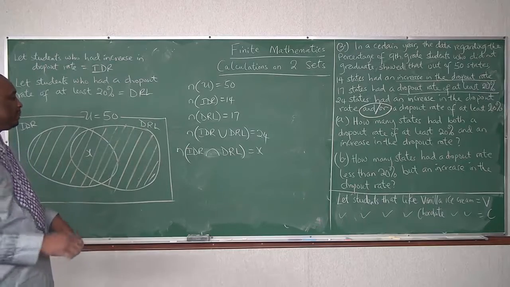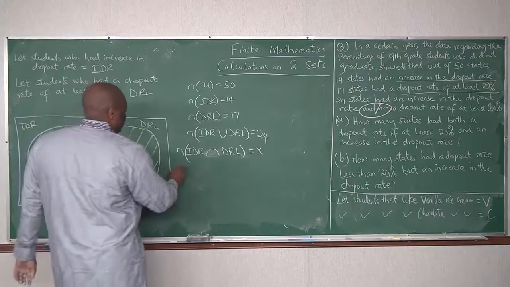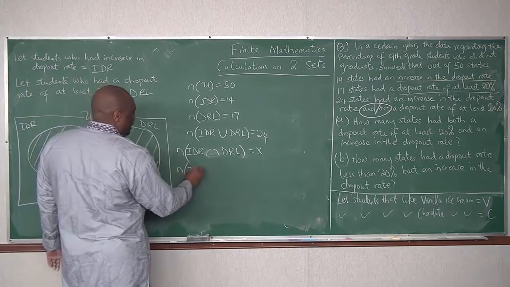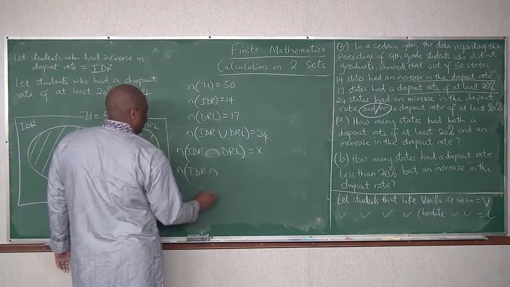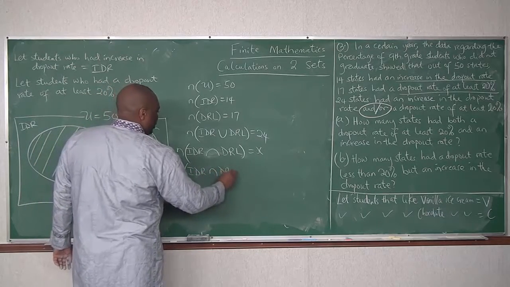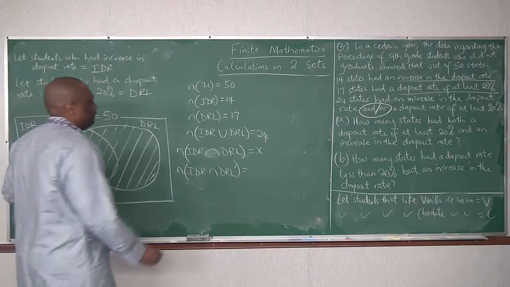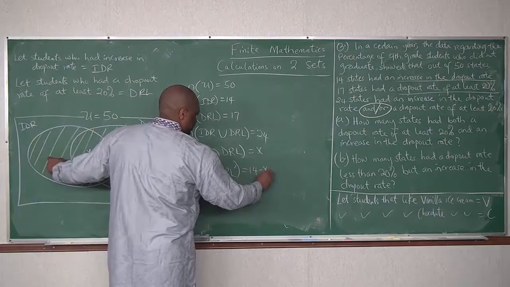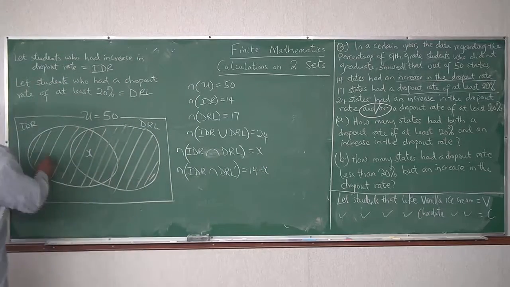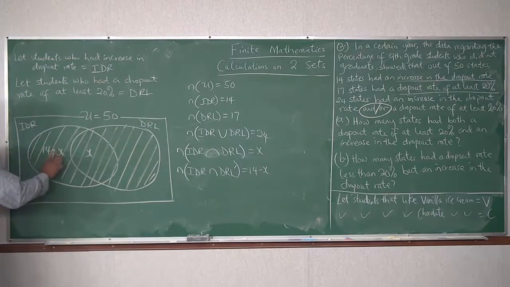That is the way it works. So let's find this only. So cardinality of IDR intersect DRL prime. DRL prime will give us what? 14 minus x. So this is 14 minus x.